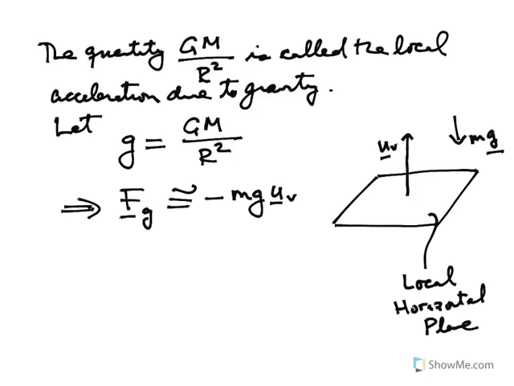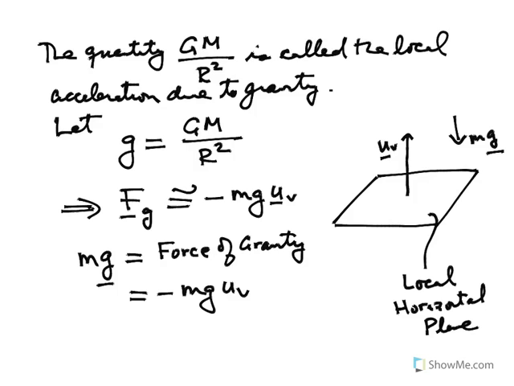So we say that mg, which is the force of gravity, also called the local force of gravity, is equal to minus mg times uv.